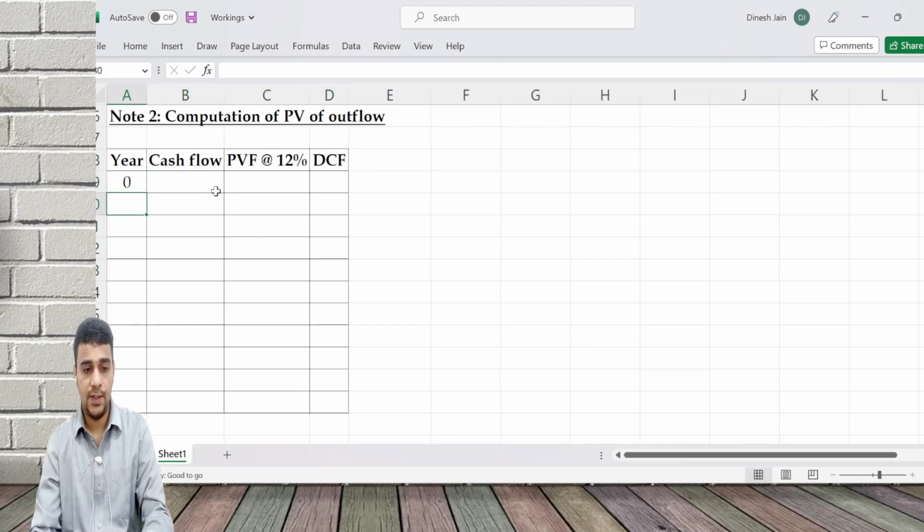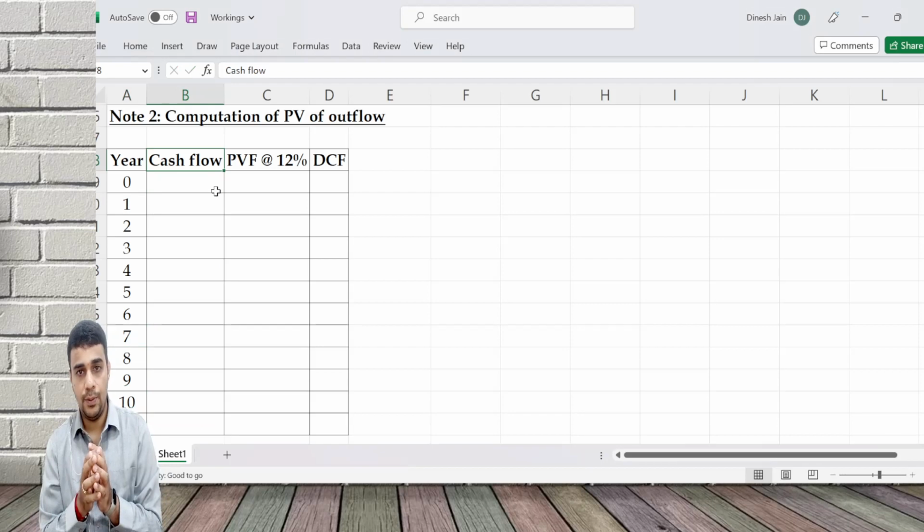Starting with year 0, 10 years calculation.